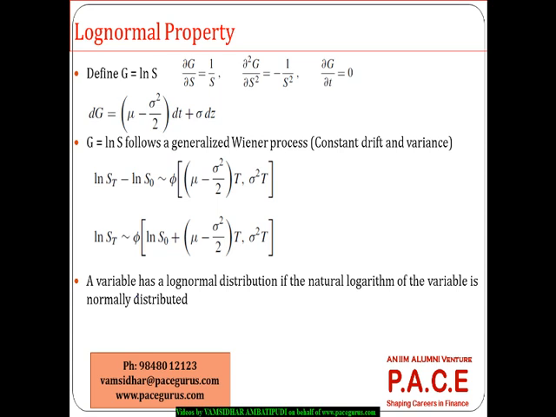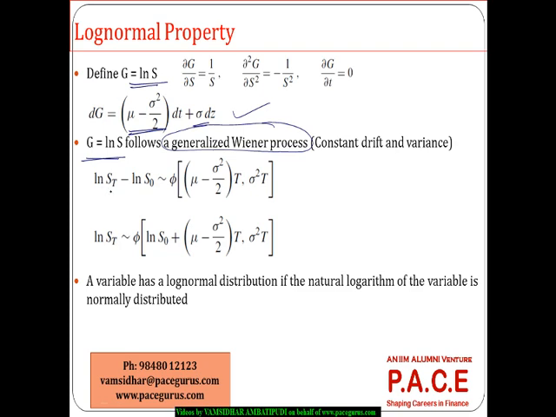And just now we have looked at the dg. If I am saying g is log s, all this we have found out, the dg came out to be this much. So when I am saying g equal to log s, this is a constant, this is a constant. So log s is following a generalized Wiener process.